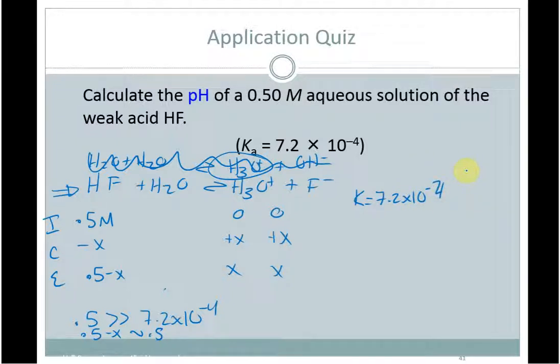That is a 4. Which is equal to X times X over 0.5. It's going to give us 3.6 times 10 to the minus 4 equals X squared. Square root of both sides. Should give us something like 1.9 times 10 to the negative 2.